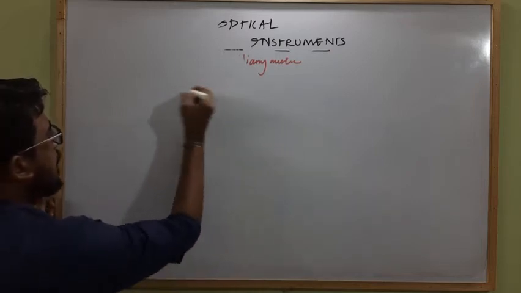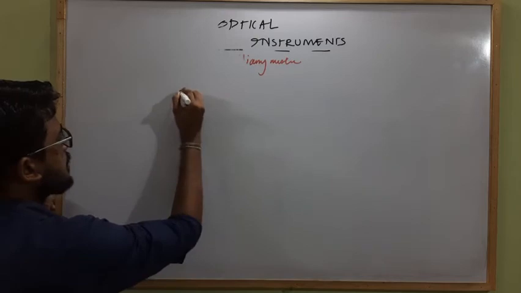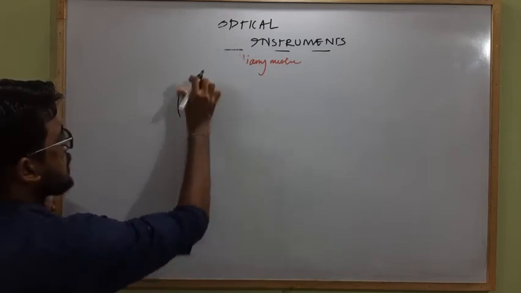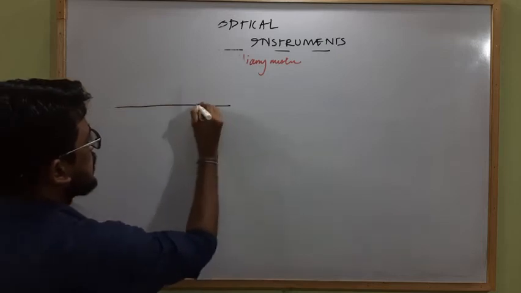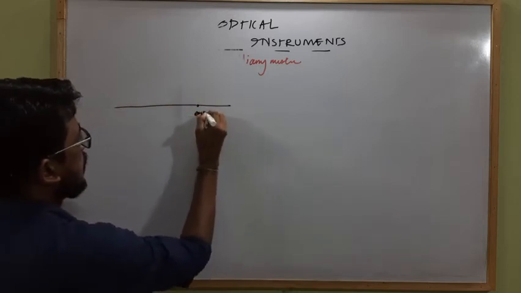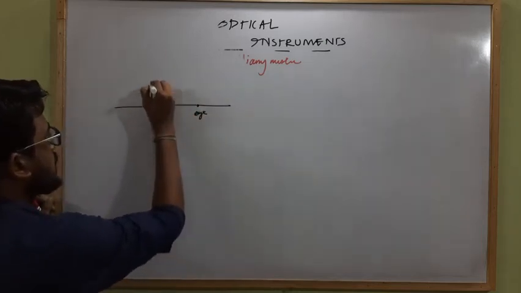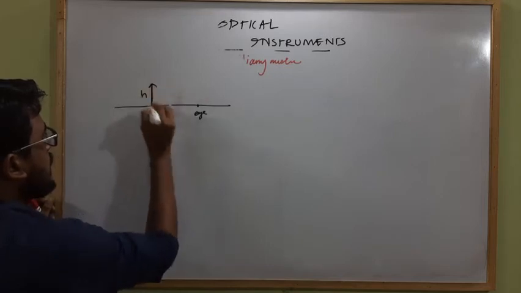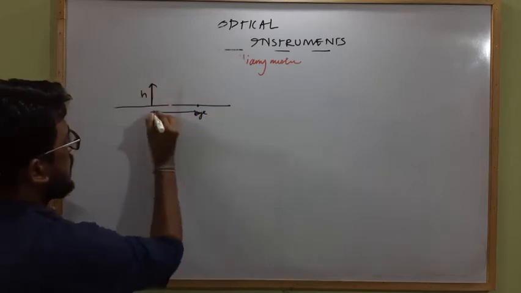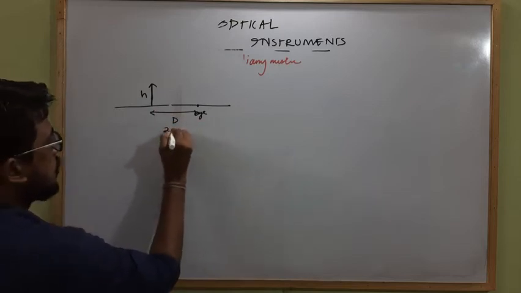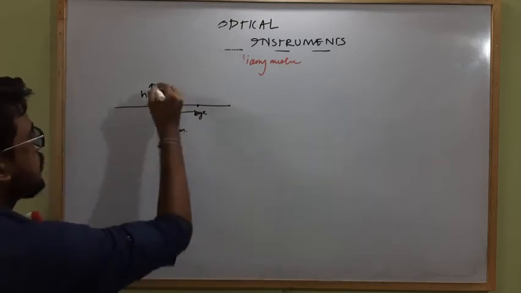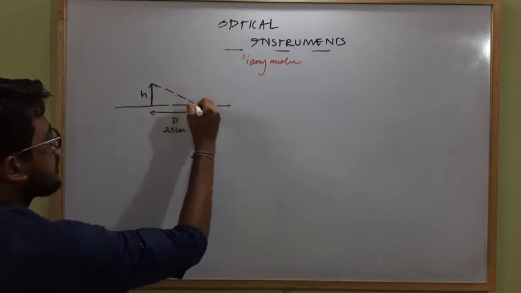So there will be no profit by placing the object closer than the least distance of distinct vision. So if this is a normal eye, and this is the object we placed of height h, at the distance of the least distance of distinct vision, which is denoted by d, and basically it is 25 centimeters, here the angle of view will be this much.